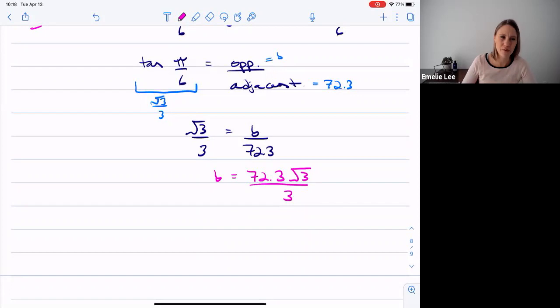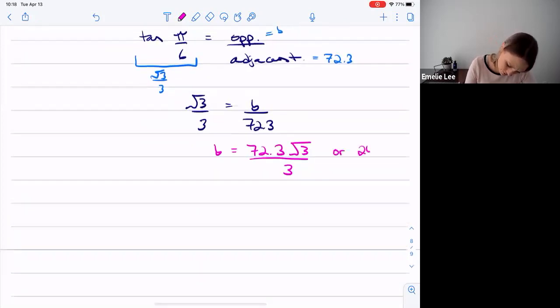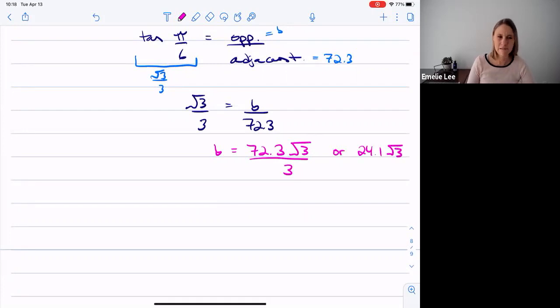It's 24.1 times the root of 3. I'm just going to leave it like this, or 24.1 root 3. Either way, it's not very nice, but it is a number.